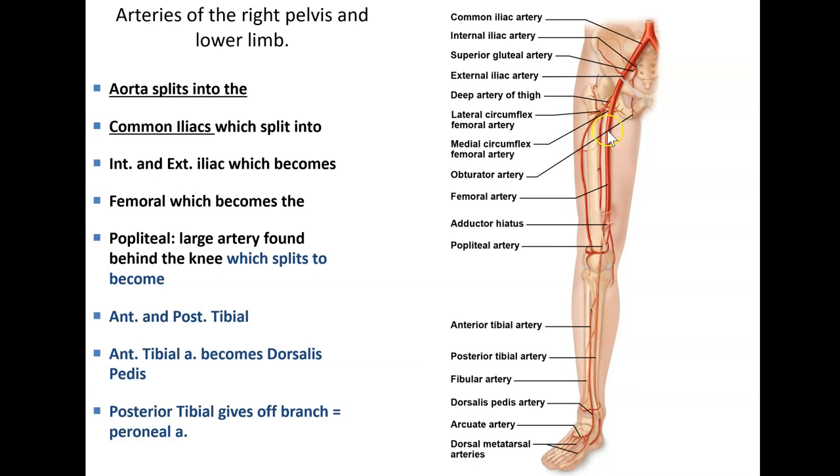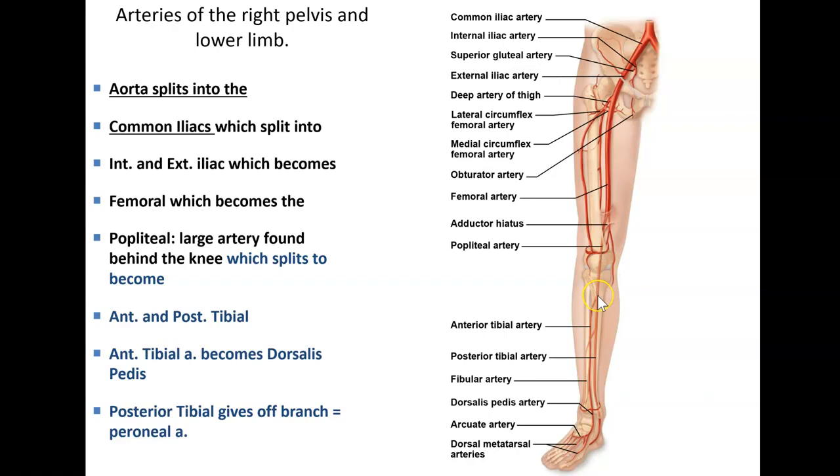That femoral artery will continue down the thigh, course posteriorly, and in the region of the popliteal fossa, so we are now in the posterior knee region, which is called the popliteal fossa, it will become known as the popliteal artery.